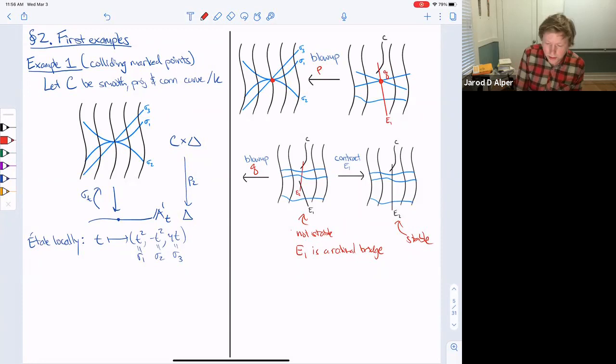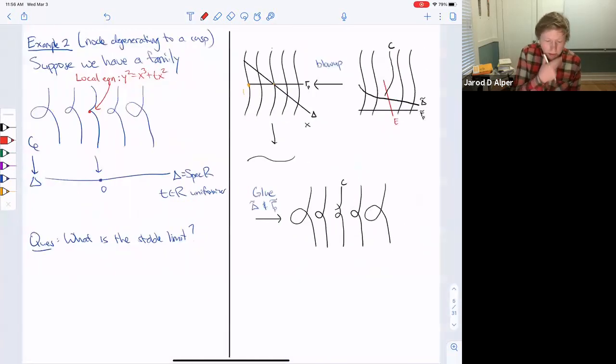So in our next example, we're going to consider the degeneration of a node to a cusp. So let's suppose we have a family like this, where I have a family of nodal curves. And let's assume that the generic fiber is a stable nodal curve, but in the central fiber I have a cusp.